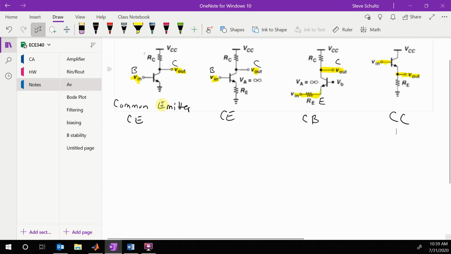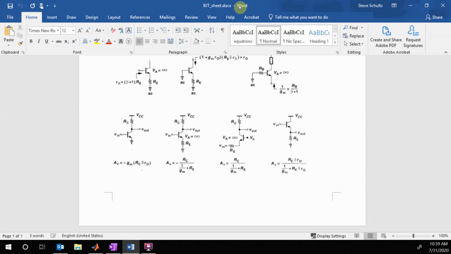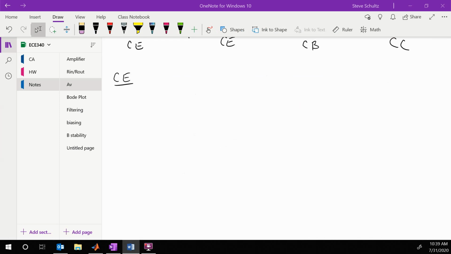Okay, so let's start with the first one, which is our common emitter. Okay, so with our common emitter stage, that configuration looks like this. So the first thing that we do is we draw our small signal model.